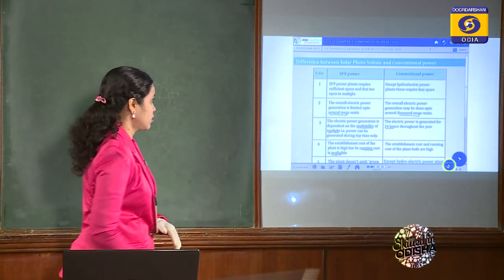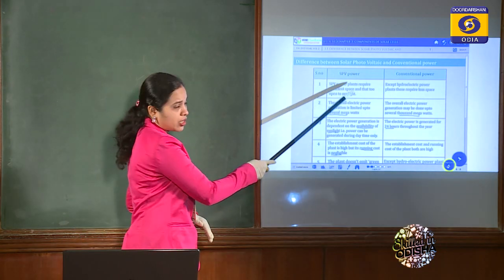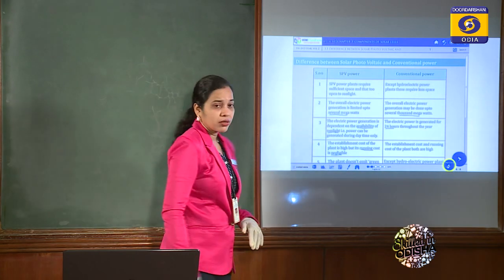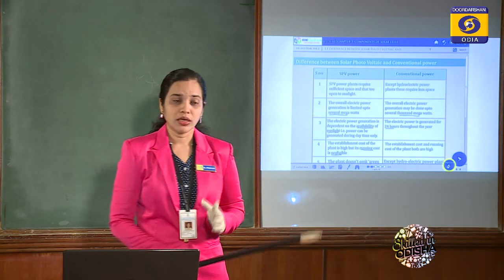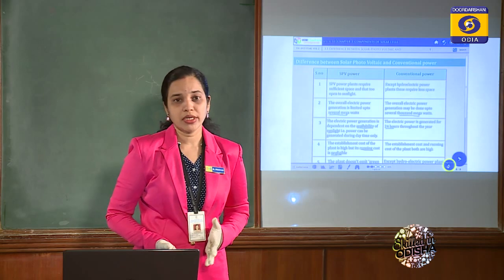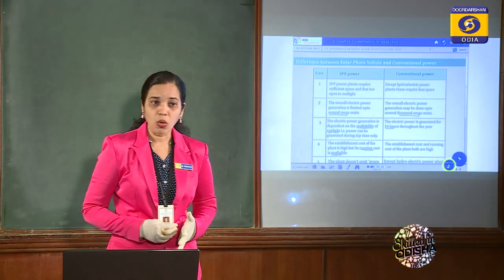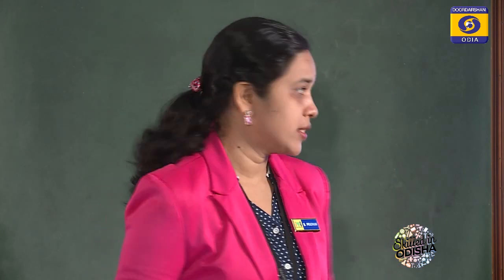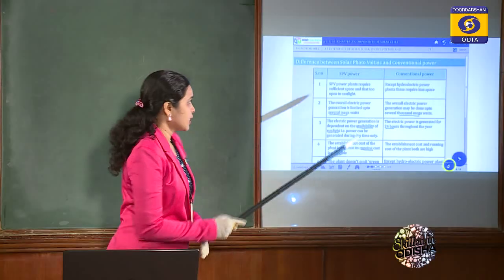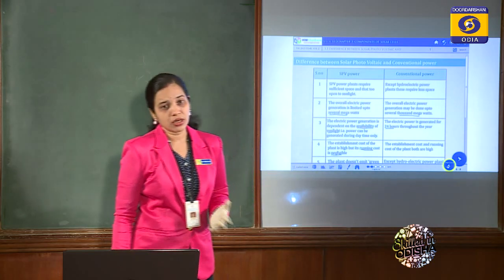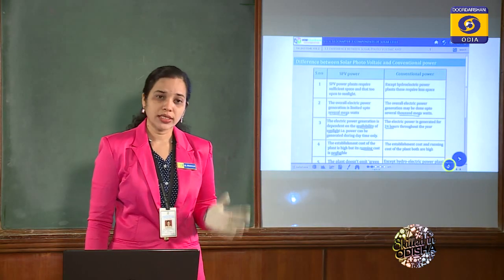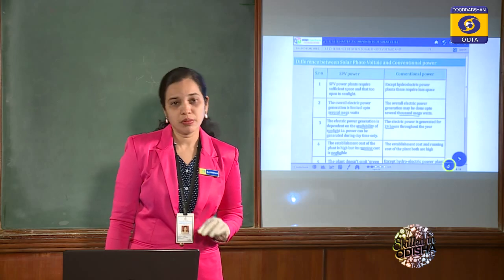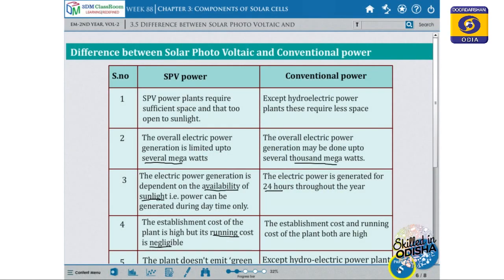Conventional power means conventional resources of power generation, for example coal and petroleum, by which we can generate electricity. Hydropower is also considered a conventional source of power. So we will see the differences between solar photovoltaic power and conventional power.